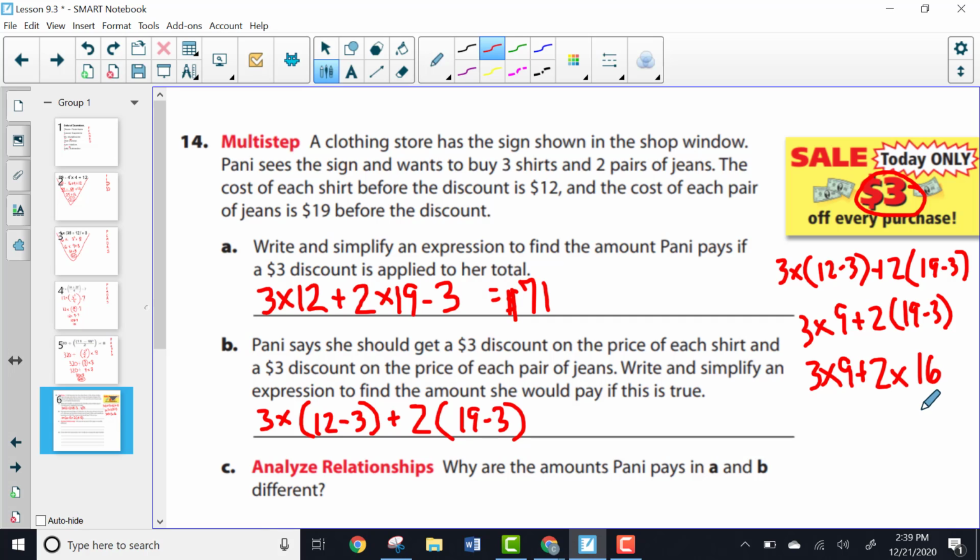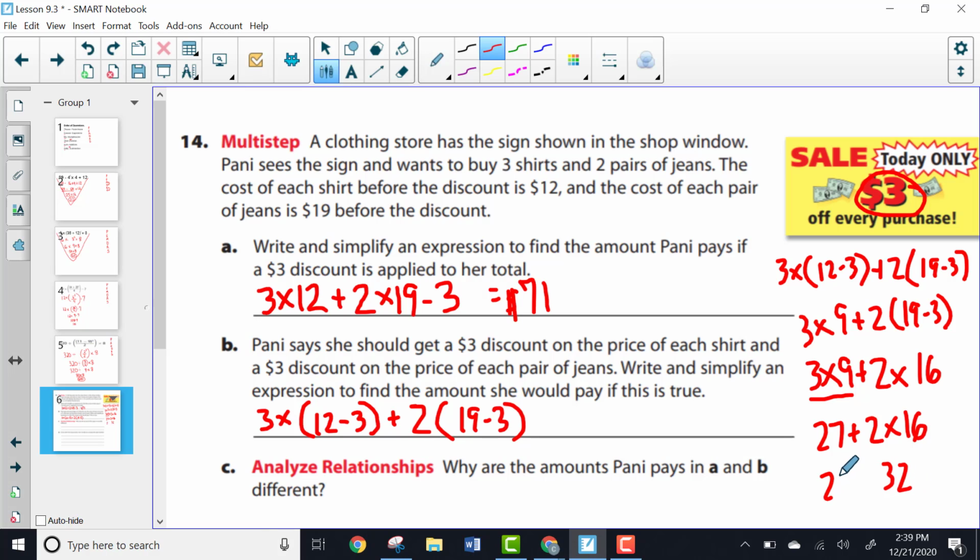All right, so now as we go through this problem, think of order of operations. 3 times 9, 27, plus 2 times 16. Okay, so we multiply now. 2 times 16 is going to give us 32.